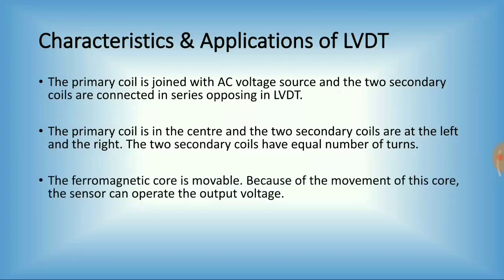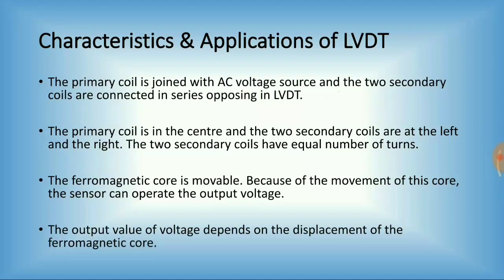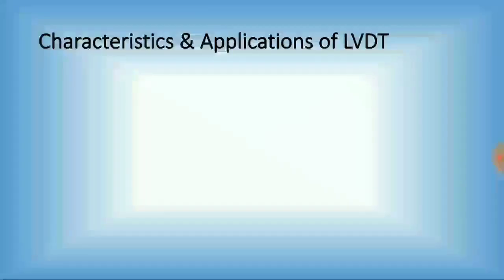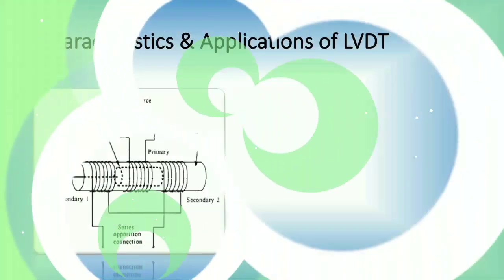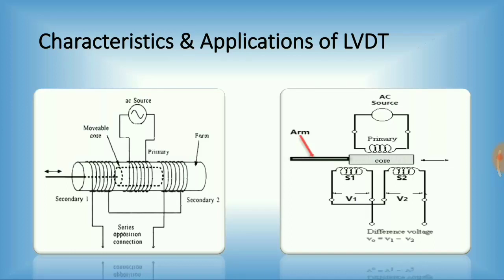The ferromagnetic core is movable. Because of the movement of this core, the sensor can produce the output voltage. The output value of voltage depends on the displacement of the ferromagnetic core. This is the structure of LVDT sensors. It shows how the coils are placed in LVDT sensors.